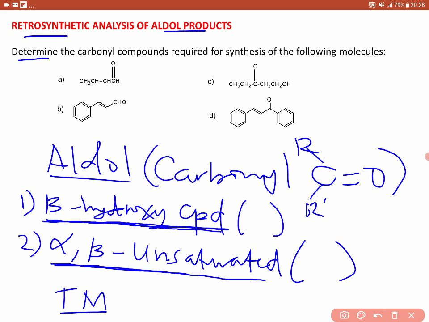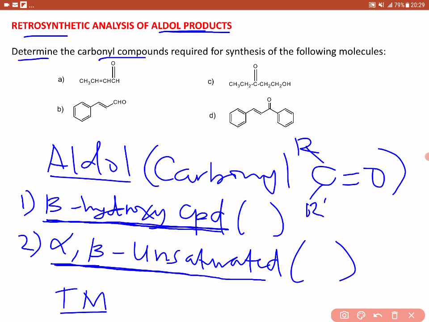And therefore the question we will be trying to answer today is how to determine the starting materials or the carbonyl compounds that are required to make aldol products. And this we will be doing through what we call retrosynthetic analysis, that is working backwards from a target molecule so that we are able to identify the starting material.